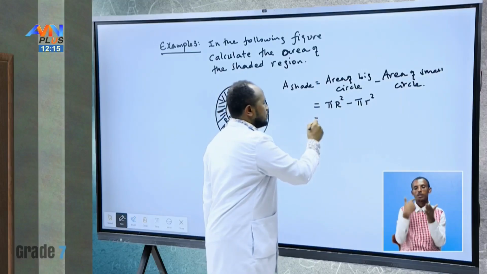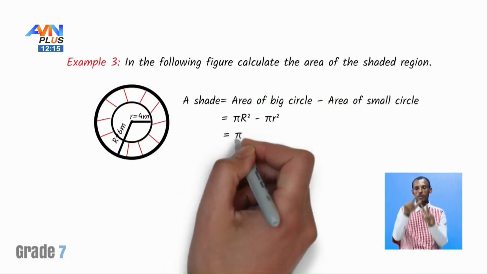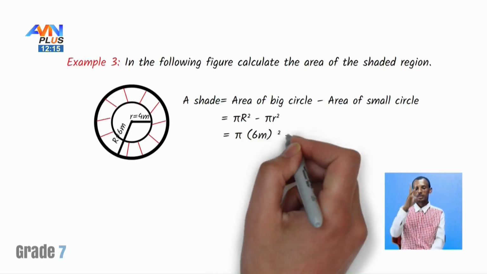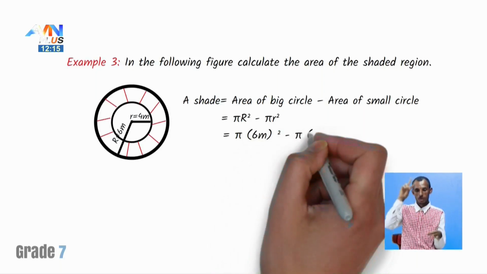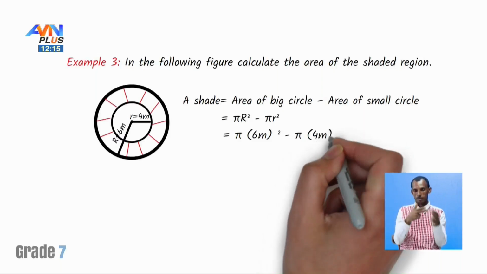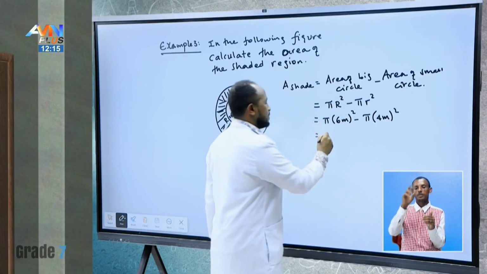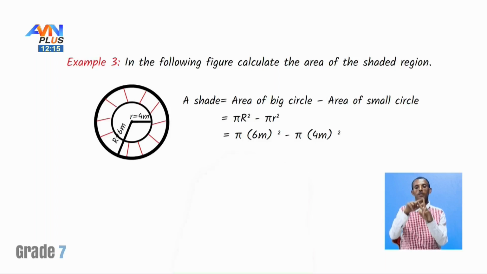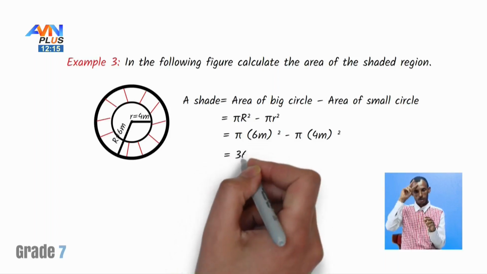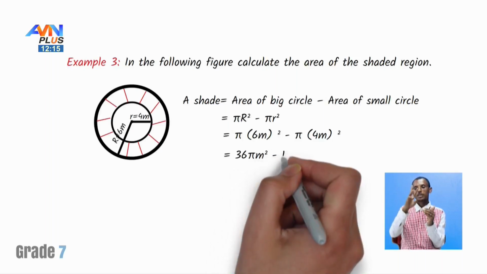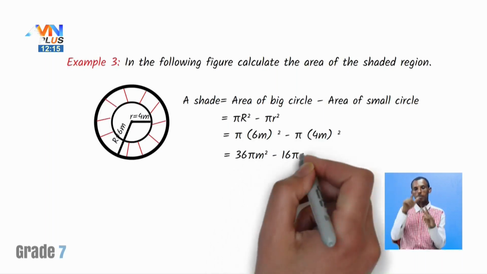Therefore, this is pi times the radius of the bigger circle, 6 meters, squared, minus pi times the radius of the smaller circle, 4 meters, squared. This is 36 pi square meters minus 4 squared, 16 pi square meters.